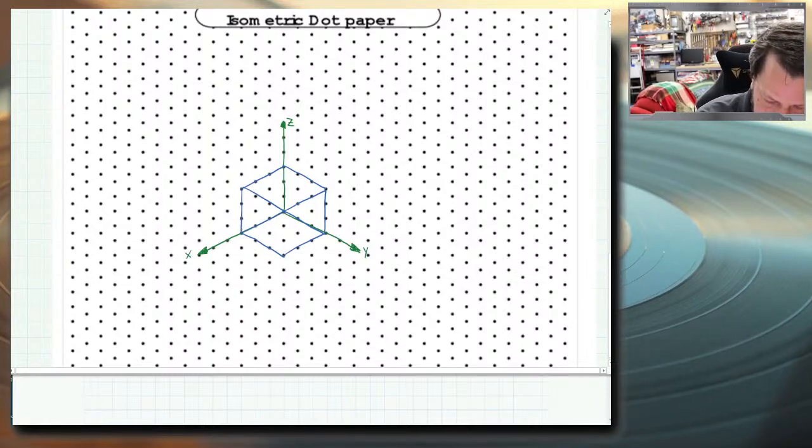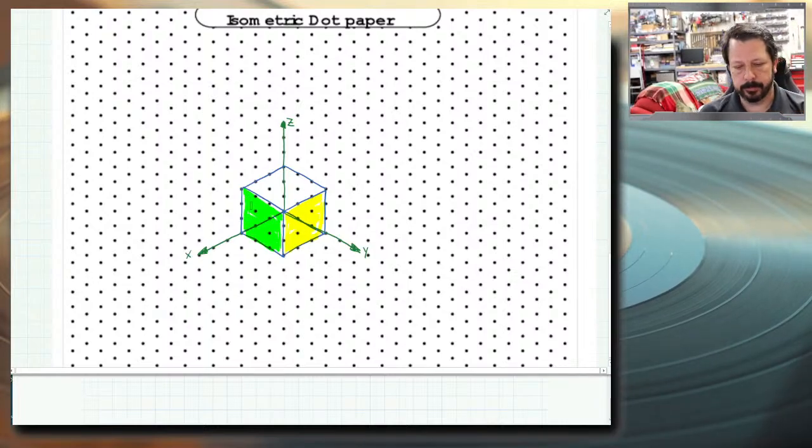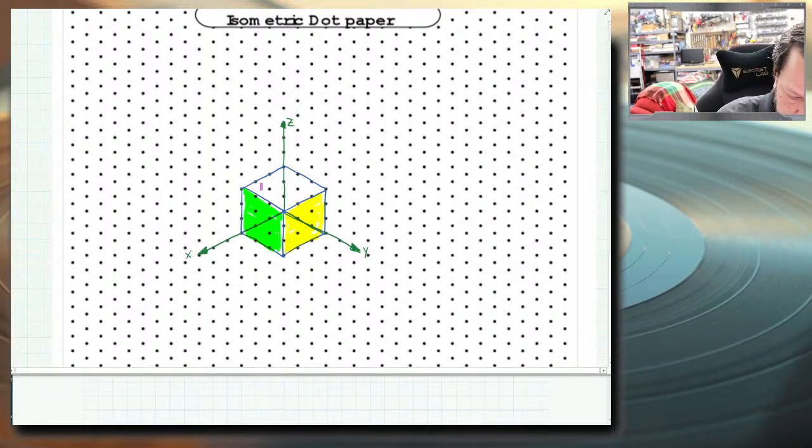And there is your cube. You've got a face over here, kind of facing to your right. There's a face over here, kind of facing to your left. And then the top, which I didn't shade in. I guess I could do this color. The top up here.